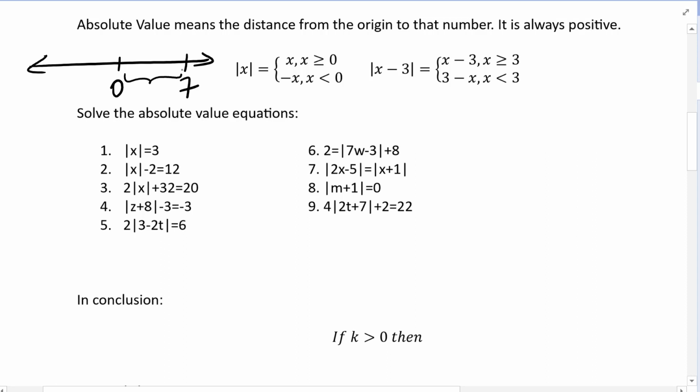The absolute value of -7 would also be 7 because the distance from -7 to 0 is 7. There are 7 steps to get there. Because absolute value is a distance, it's always going to produce a positive number.